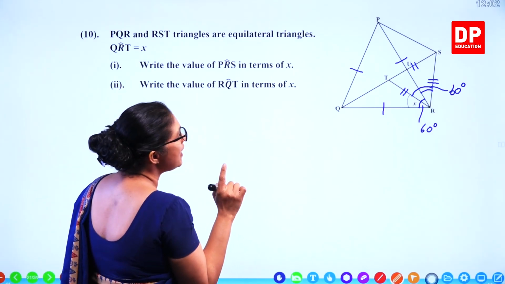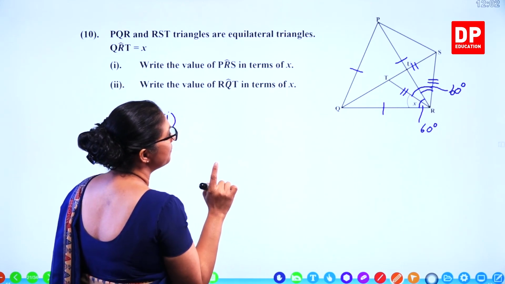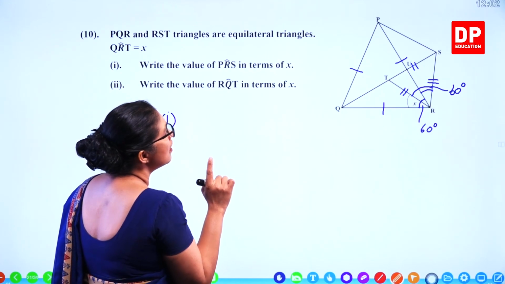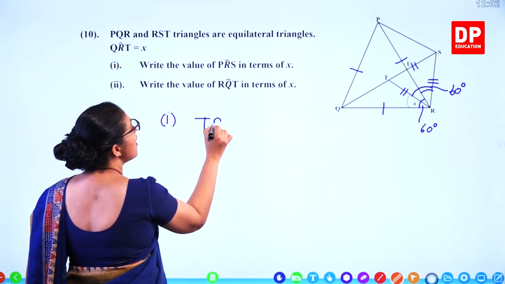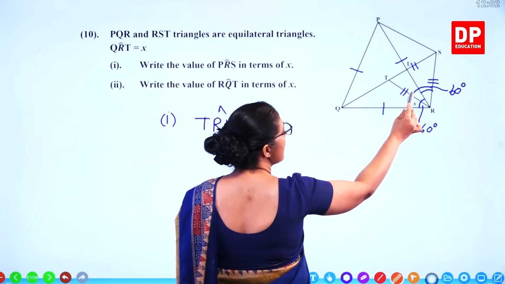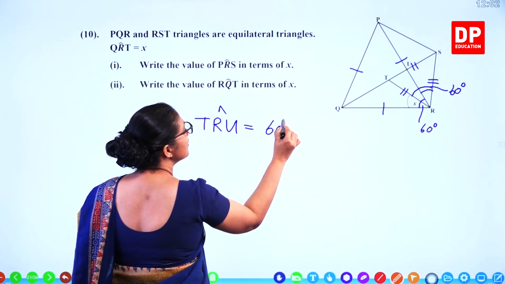Write the value of PRS. PRS. So first we can find out TRU angle. TRU angle is equal to, this angle is 60 minus x.